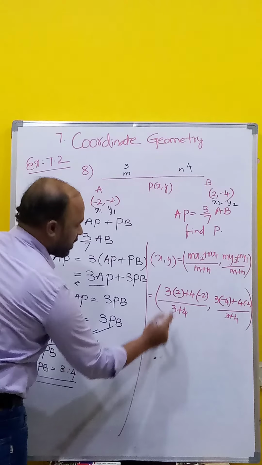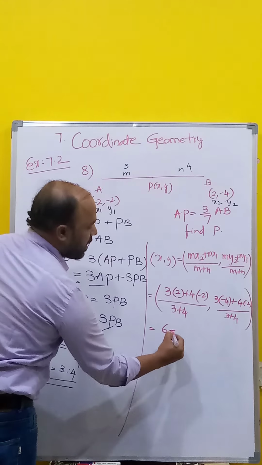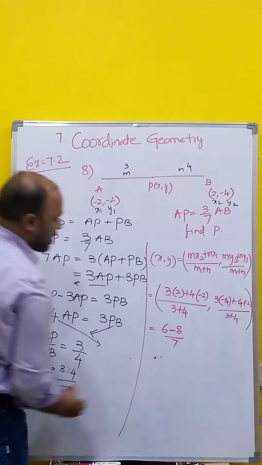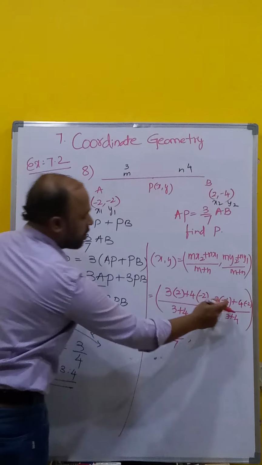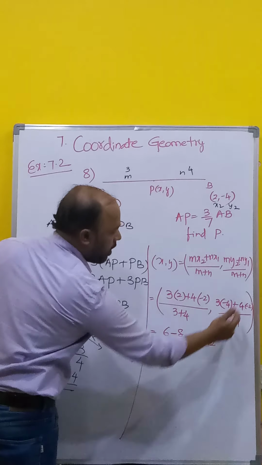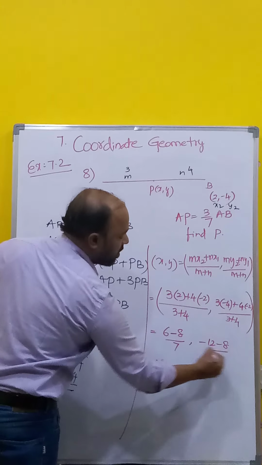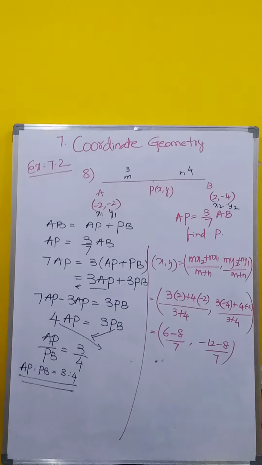Multiply now. 3 twos are 6 and 4 into minus 2 is minus 8, divided by 3 plus 4, 7, comma 3 into minus 4 is minus 12 and 4 into minus 2 is minus 8, divided by 7. Clear?